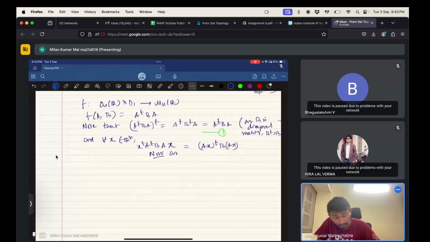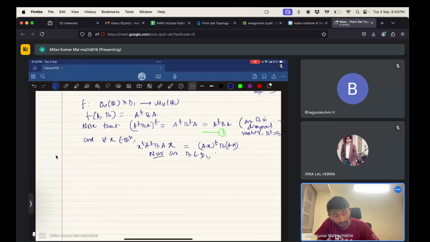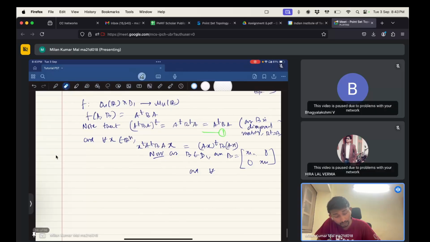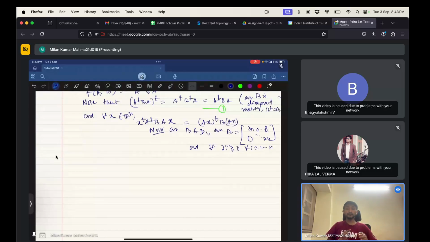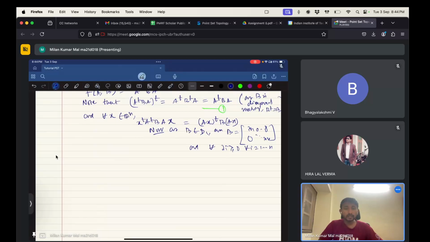As B belongs to D1, B is something like diag(lambda 1, lambda 2, ..., lambda n), with 0 elsewhere, and lambda i is greater than or equal to 0 for all i equals 1 to n. That means every element of D1 is a diagonal matrix with elements lambda 1, lambda 2, ..., lambda n, which are non-negative, and their sum is 1.